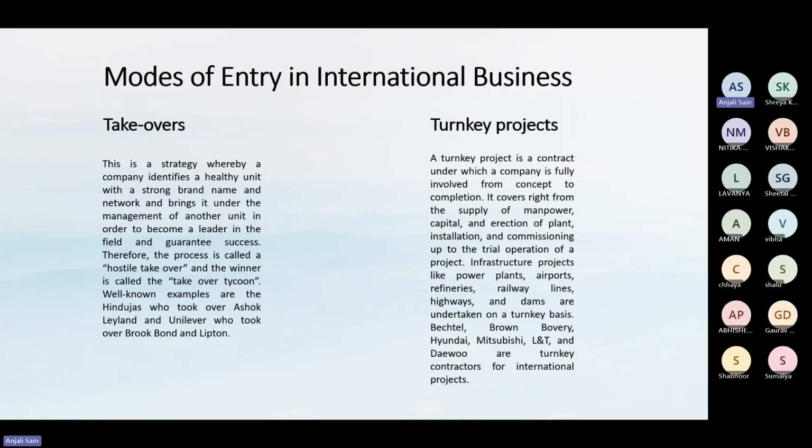Then there are the turnkey projects. A turnkey project is a contract under which a company is fully involved from the concept to the completion.